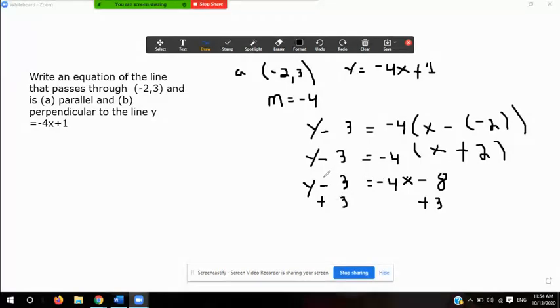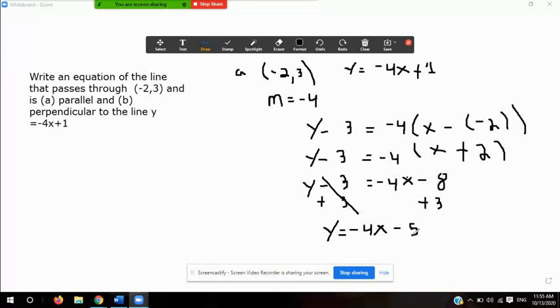And that's going to be y equals negative 4x. And negative 8 plus 3 is actually negative 5. So negative 4x minus 5. And that would be part A of this exercise, okay?